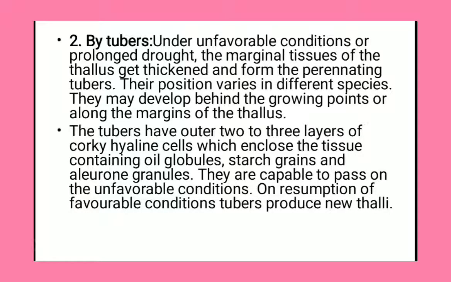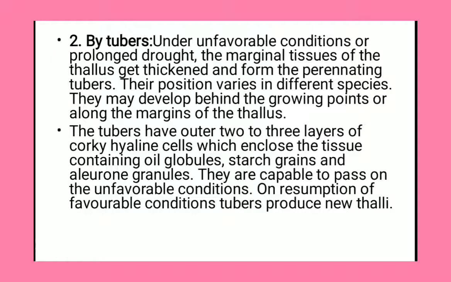Tubers have an outer 2 to 3 layers of brownish and hyaline cells which enclose tissue containing oil globules, starch grains and granules, and these are capable of surviving the unfavorable condition. On the resumption of favorable conditions, the tuber produces new thalli.